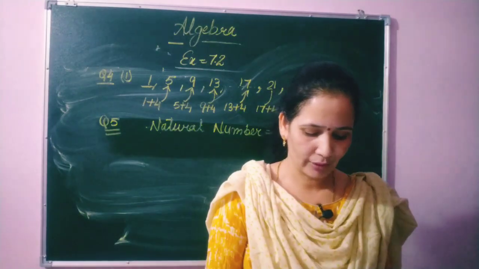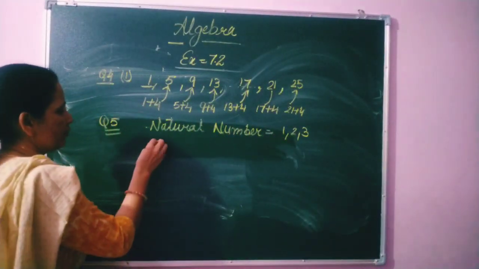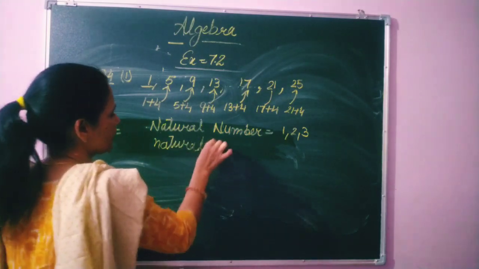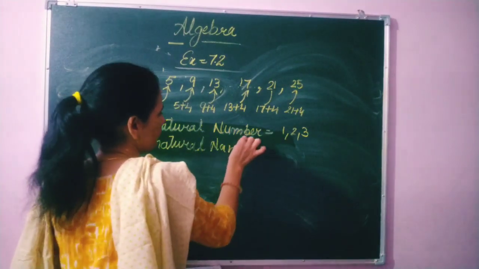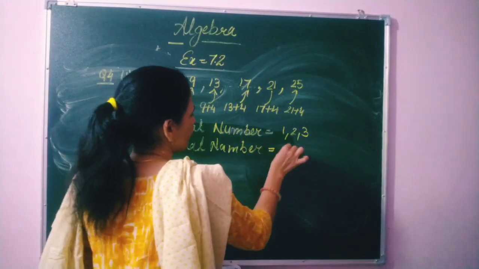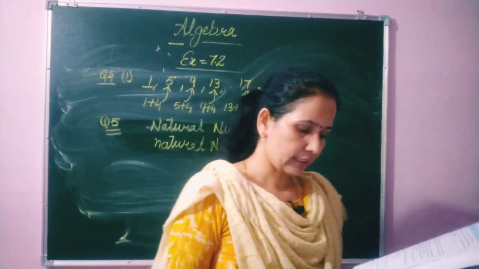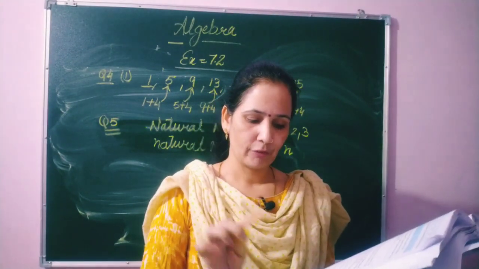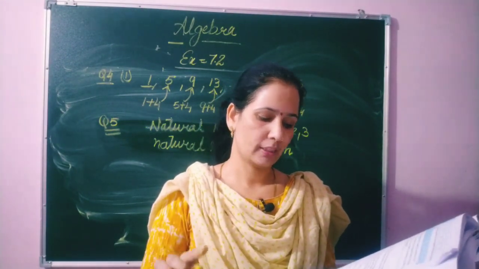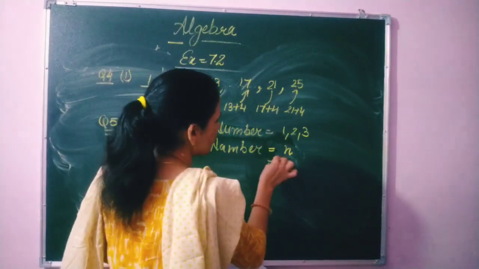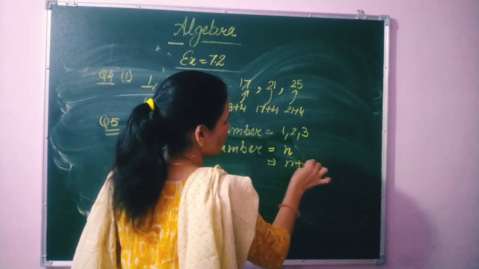So students, you have to write the formula. How to write the formula? For the natural numbers we have taken a variable n. The sum of n natural numbers is equal to half the product of n and its successor. Its successor, by adding 1, is n plus 1.